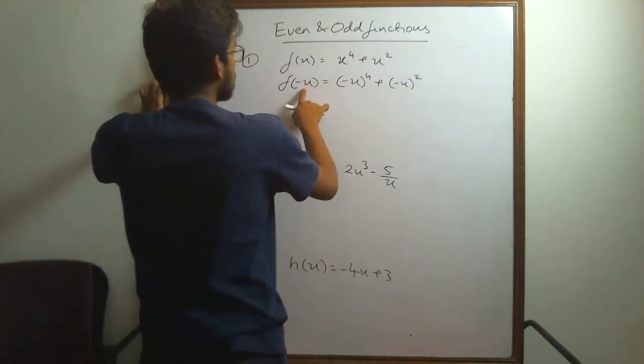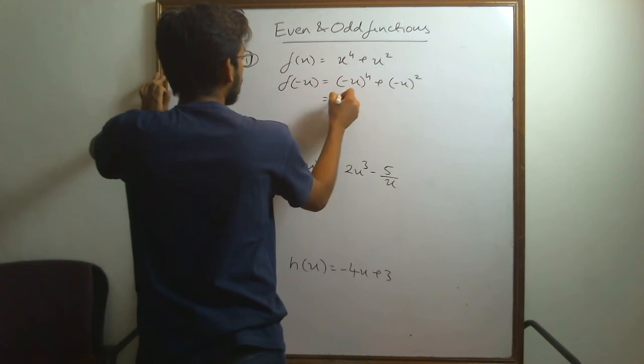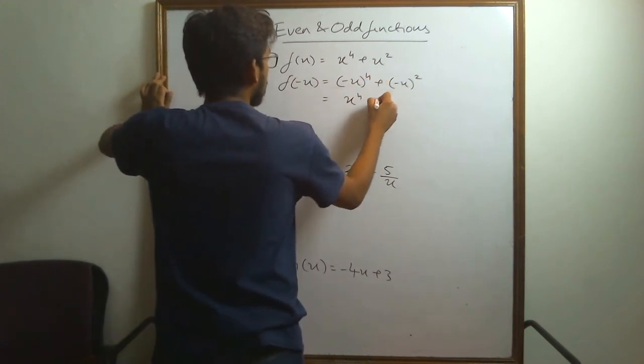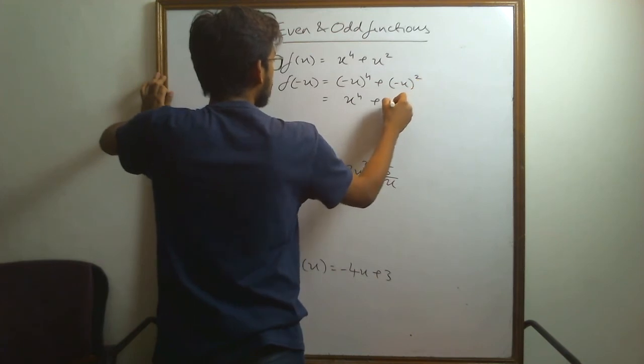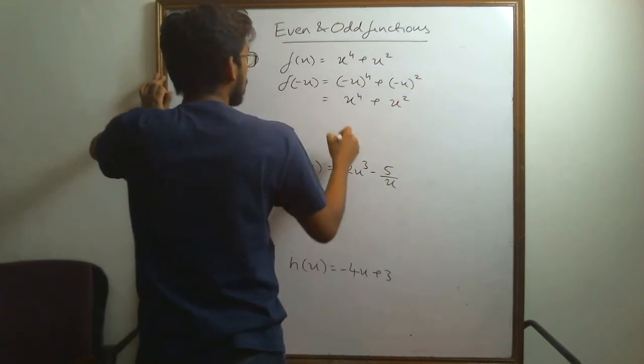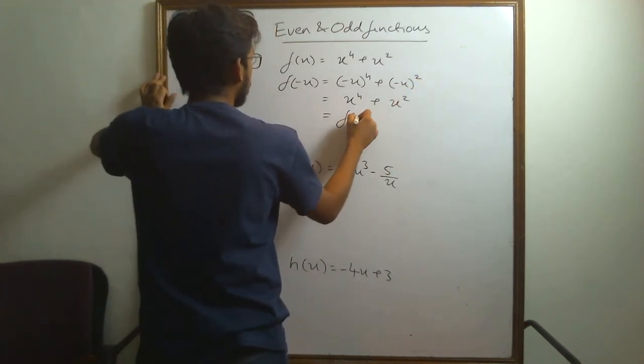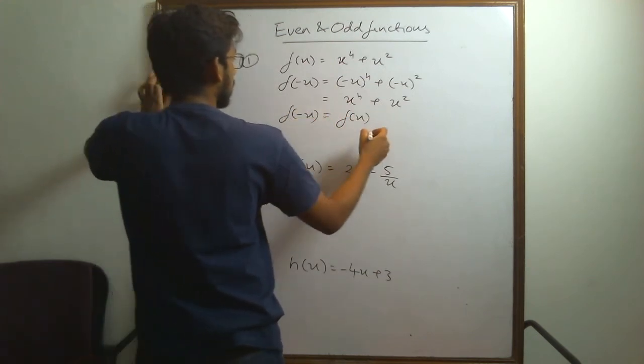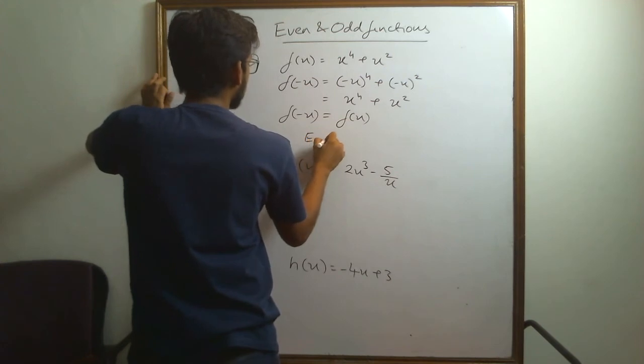We will replace x by minus x everywhere. Minus x to the power 4 is x to the power 4. Minus x to the power 2 is x to the power 2, which is again equal to f of x. Since f of minus x is equal to f of x, this is an even function.